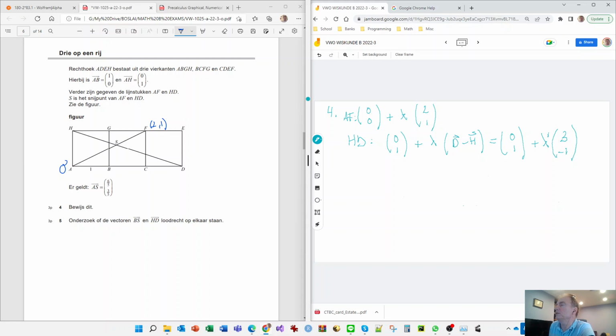These two have to be equal, so you get the two equations: 2 lambda equals 3 lambda prime, and lambda equals 1 minus lambda prime. Let's eliminate lambda prime.